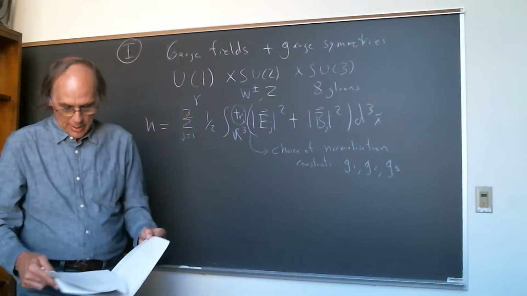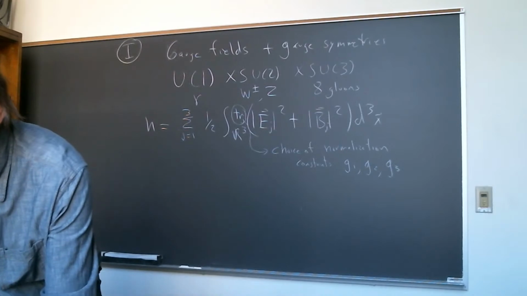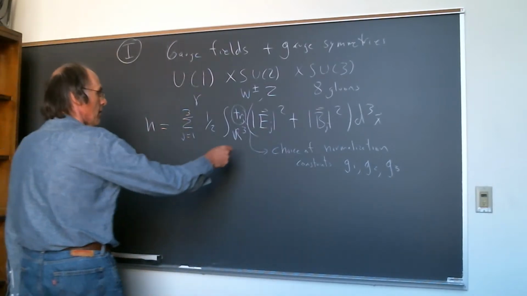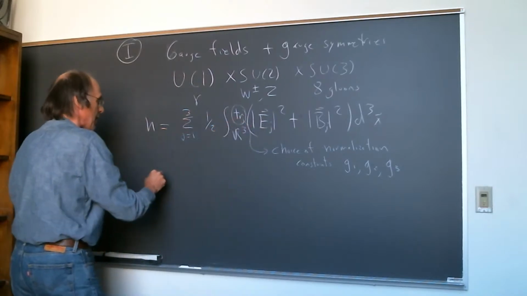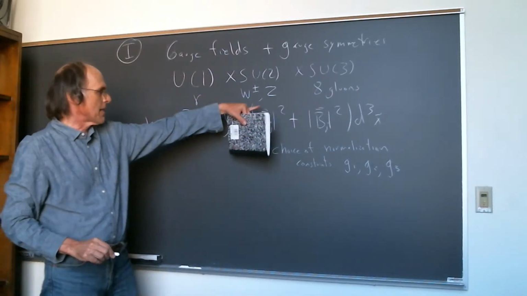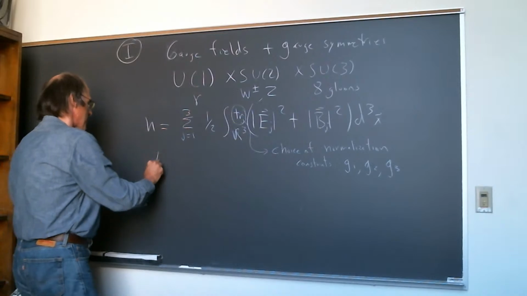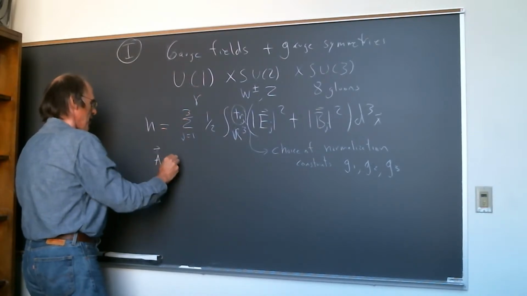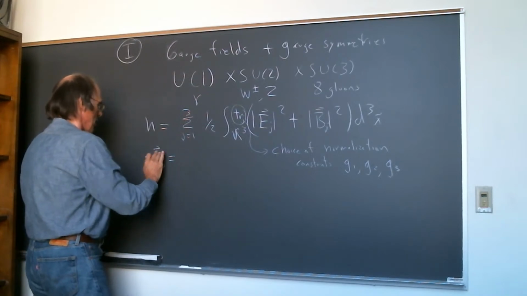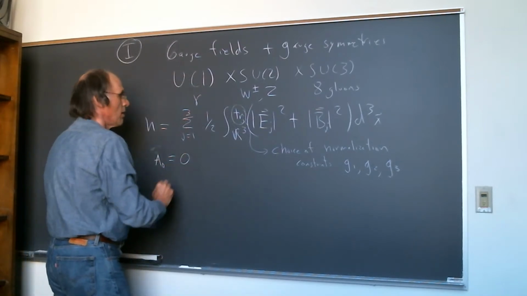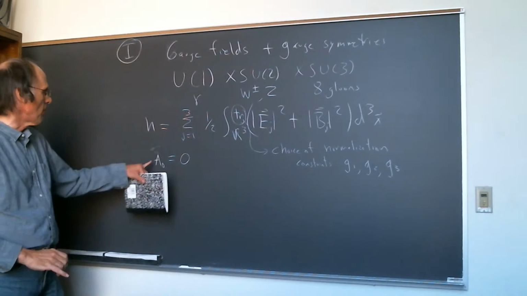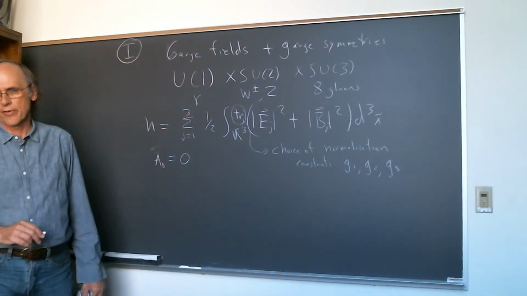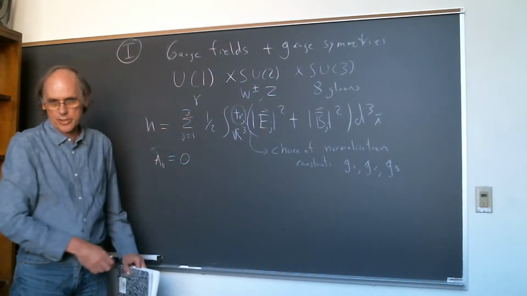Okay, so maybe it's best to understand what's going on. You can always just go to a zero gauge. I'm always going to make the time-like gauge field equal to 0, since we can always make that gauge choice.